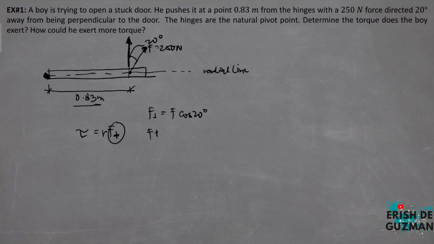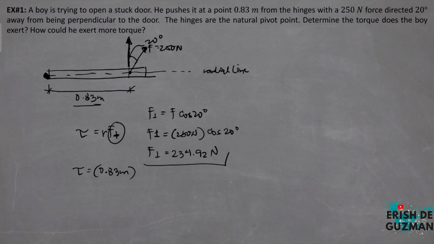Force perpendicular is equal to the 250 Newton force applied times cosine 20 degrees, which is 234.92 Newton.